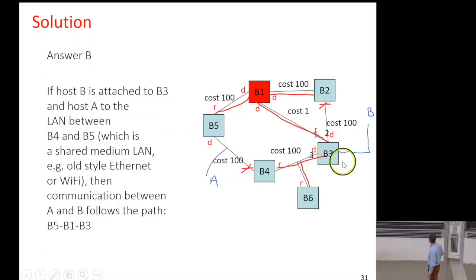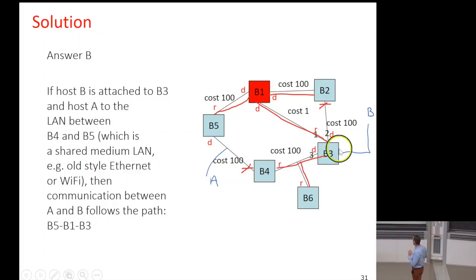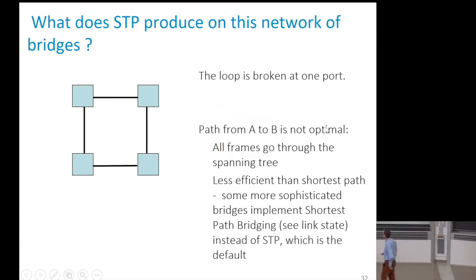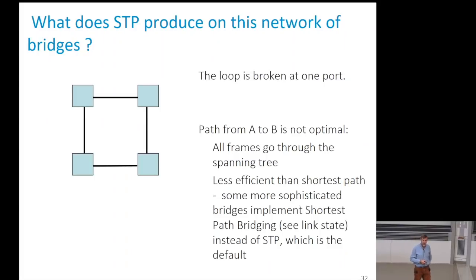Of course, B3 will not do what we're doing here. None of the bridges has the map of the entire topology, although they could create it by analyzing all the information, but they don't in principle. They just simply talk to the neighbors to decide what is the best way to go. For example, if we have this topology, that's a very frequent topology.